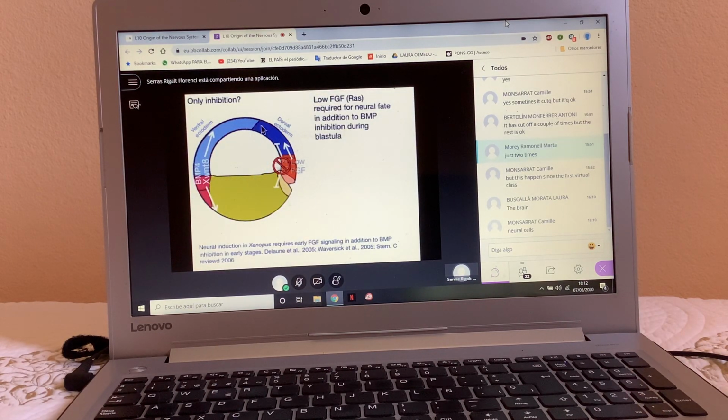Okay, now, but in any case, this inhibition is important for having a structure of the ectoderm that is going to be the dorsal ectoderm, and from which the nervous system is going to develop. And the rest of the ectoderm is going to be epidermis, and this is driven by inhibition of those pathways, but also by low levels of FGF. And what is happening during gastrulation?